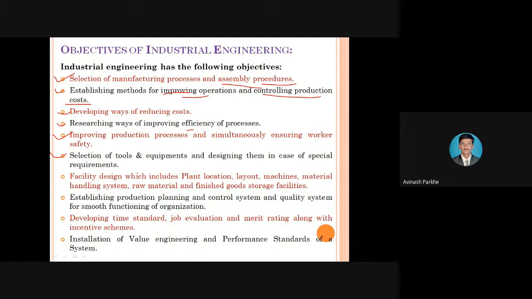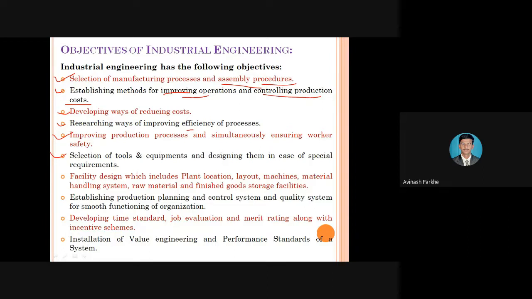Some equipments are manually operated. Some equipments are automatically operated using computers. Instead of manual operations, if we provide computerized machines or equipments, then again there is an improvement of the production processes.